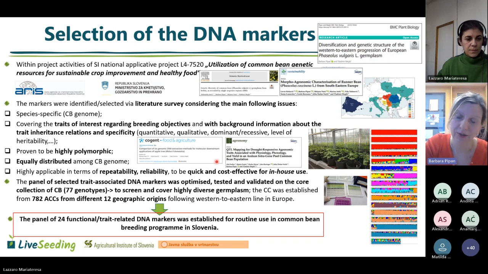This core collection was developed from the whole collection of 782 different genotypes coming from 12 different countries across Europe, of different geographic origin, so that we can cover highly diverse germplasm. So at the end, we have established a panel of 24 functional trait-related DNA markers, which can be routinely used in our common bean breeding program.